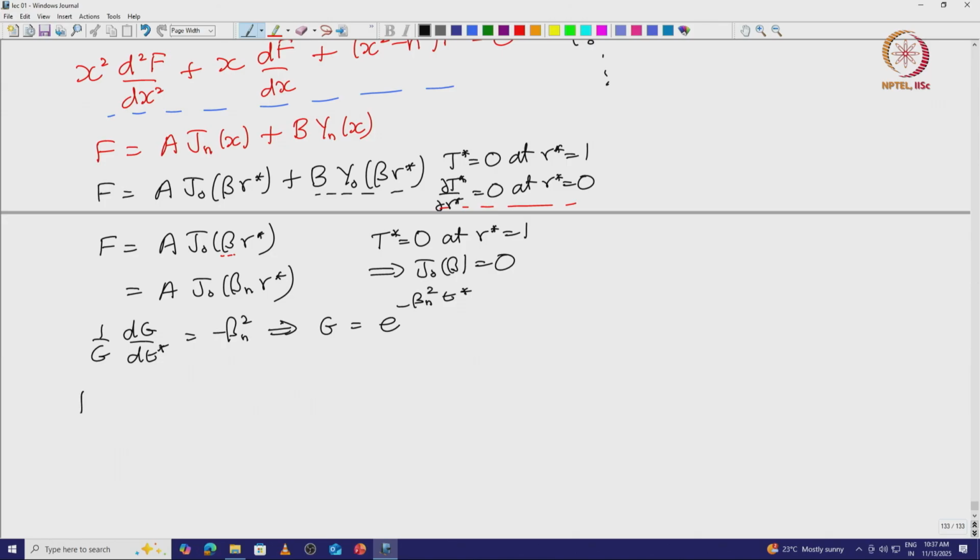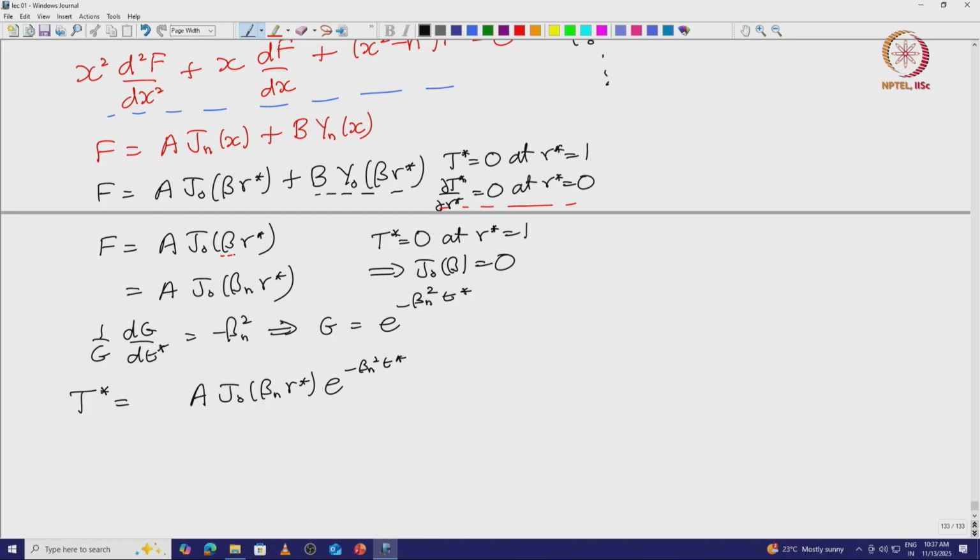So, the most general form of the solution is of the form A J naught of beta n r star e power minus beta n square t star. Any n for which J naught of beta n is equal to 0 satisfies the equation and the boundary condition.